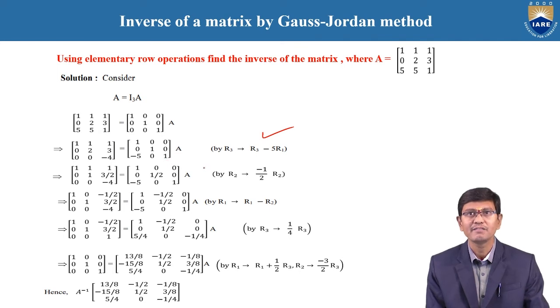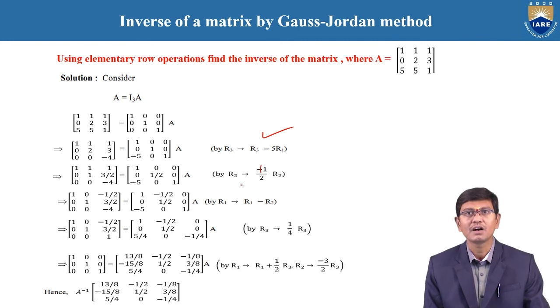And once again, when we observe the left-hand-side matrix, it must become 1 0 0, 0 1 0, 0 0 1 only. In the middle, we need to change the value 2 to 1, with the help of R2 = 1/2 R2.